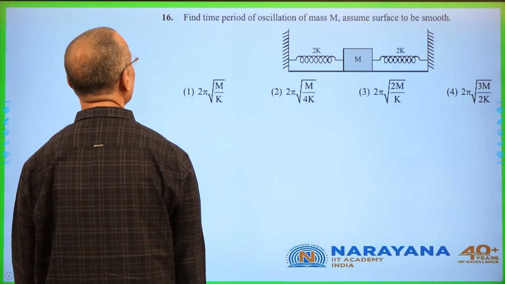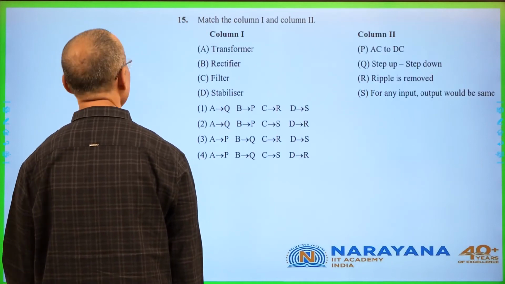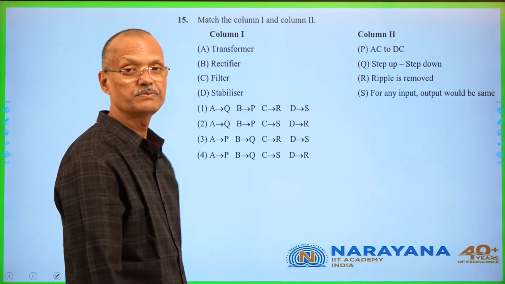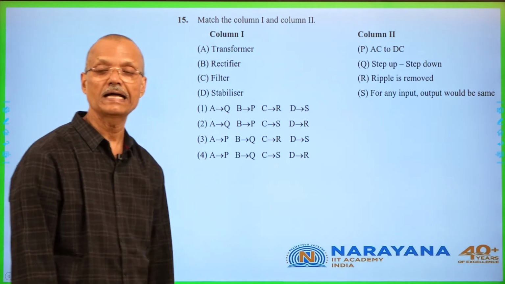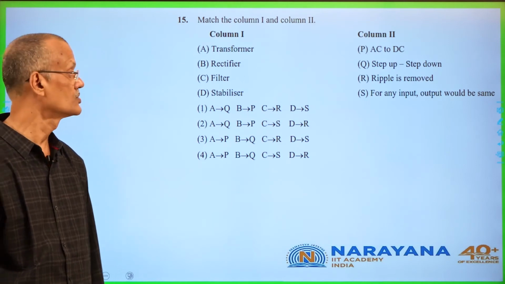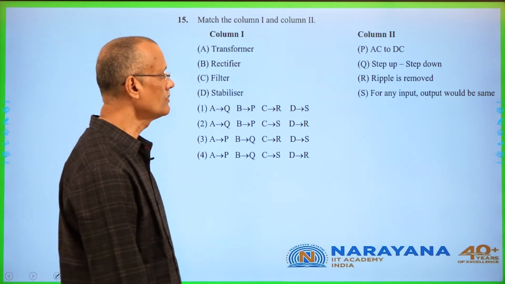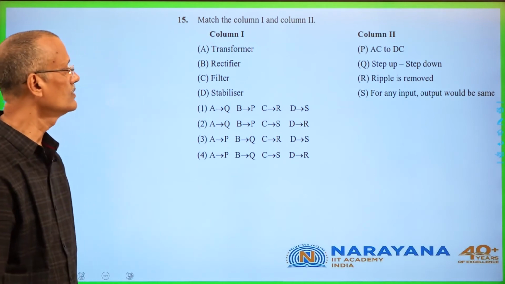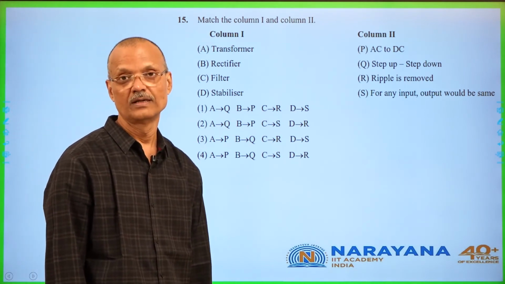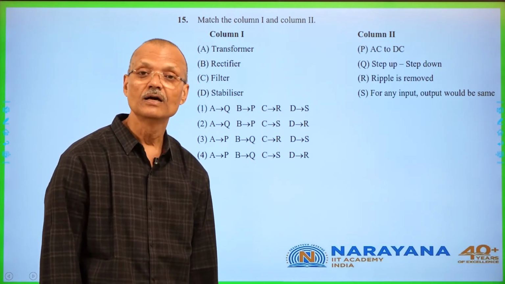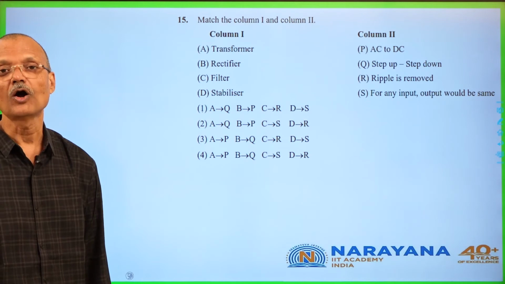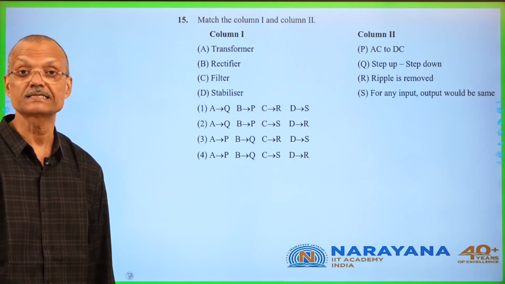So I am now on question number 15. Match the following. In all these examinations, the first time we are finding that in Mains, they have asked a matching question. Transformer. Already you know the transformer. What is the work of a transformer? If you have AC, either you can increase the voltage, step up, or you can decrease the voltage, step down.